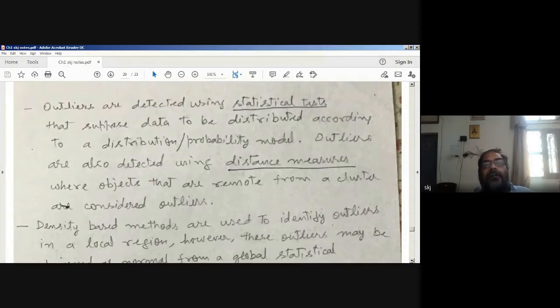Outliers are detected using statistical tests that suppose data to be distributed according to a distribution or probability model. You might be aware of several kinds of distribution function, binomial distribution, Poisson distribution, okay.